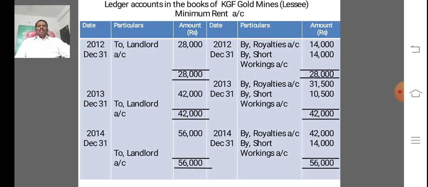In 2013, debit landlord account 42,000 and credit royalties account 31,500 and credit short workings account 10,500. In the year 2014, debit landlord account 56,000 and credit royalties account 42,000 and credit short workings 14,000.